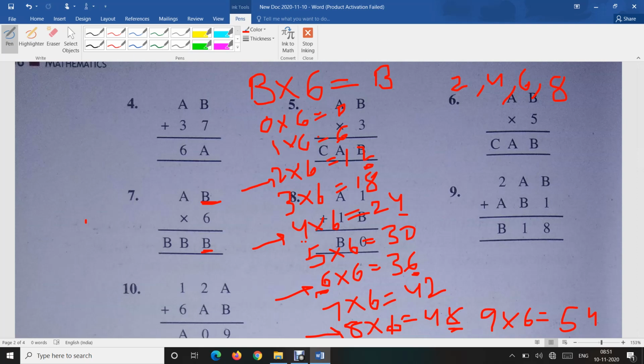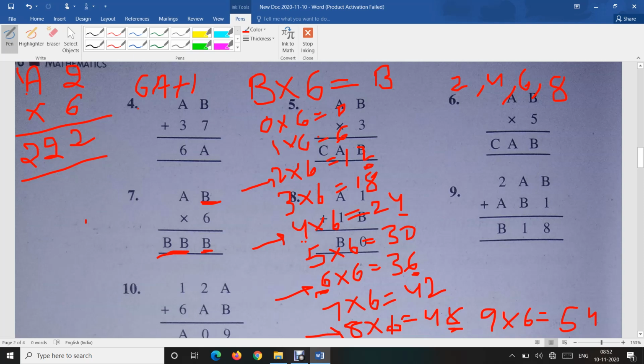So how can we solve? Let us try. If we put 2 at the place of B, then we will get A2 into 6, and we should multiply. 6 twos are 12, 1 is carry forward, then 6 multiplied by A, and we also have to add 1 because 1 is carry forward here. It should be equal to 22, since B is 2.